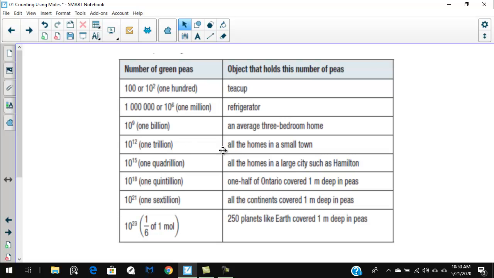So here's 1 trillion. A trillion would fill up all the homes in a small town. If you went up to a mole, you could make 250 planets like Earth covered 1 meter deep in peas. You cover the whole planet 1 meter deep, and then do that 250 times, and that would be the number of peas in a mole of peas.